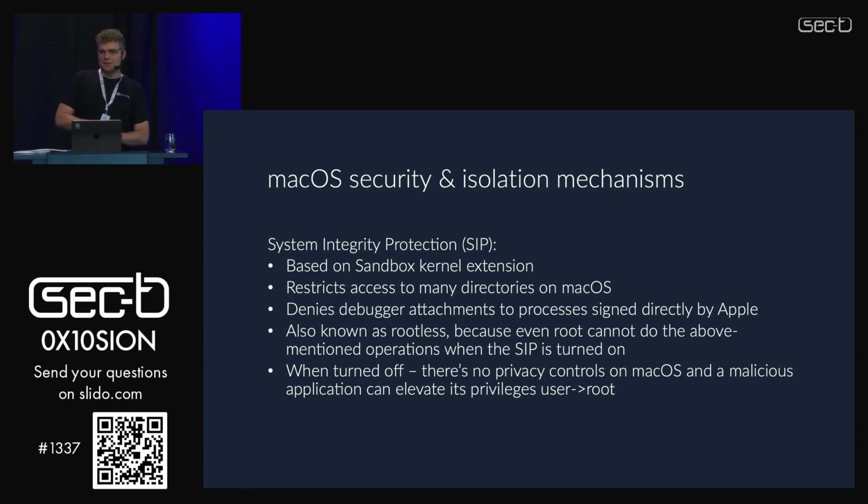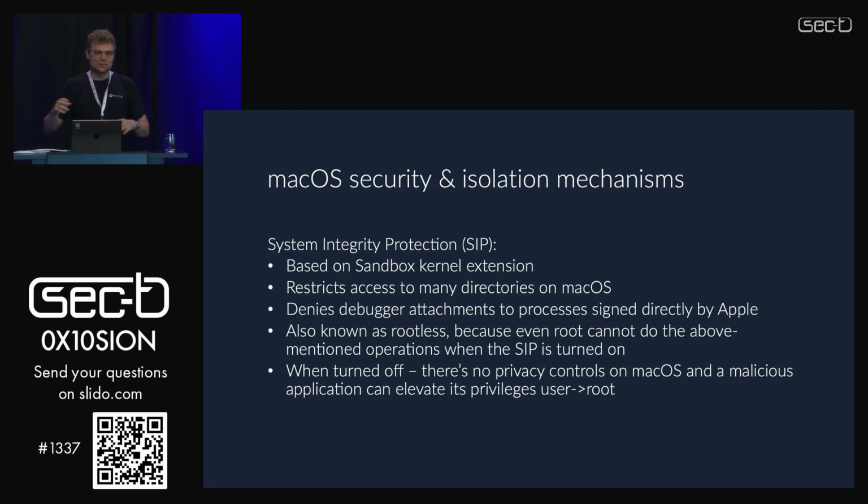if you sometimes face a problem and you Google it and find maybe an answer on Stack Overflow, and the most voted answer is, well, just disable SIP and everything will be fine and your problem will be gone, please do not do it. Without SIP, everything on macOS is possible. There is no global hallucination sandbox. And your application or a malware will be able to do all the things I told you before.